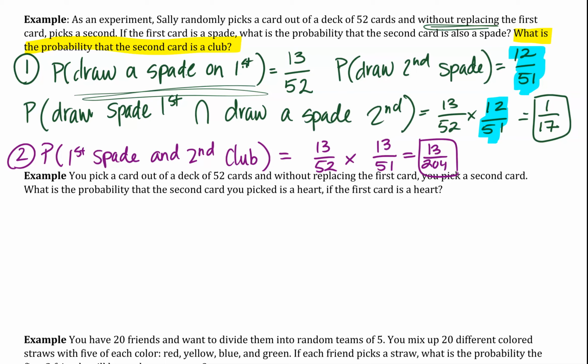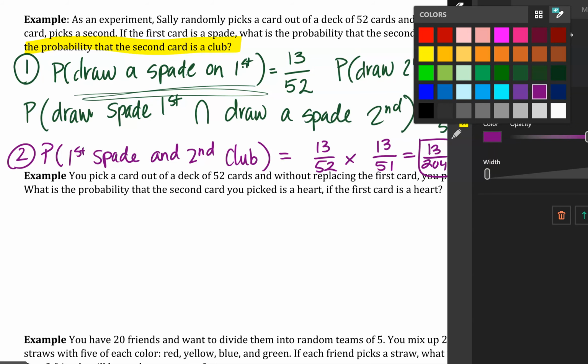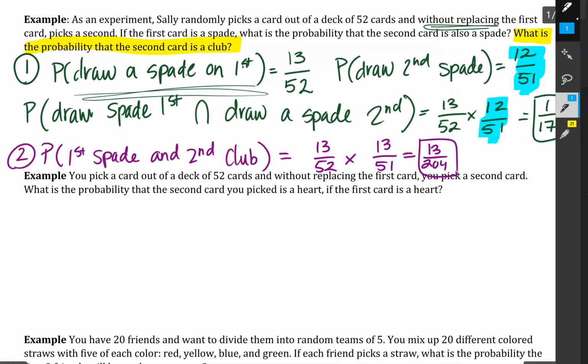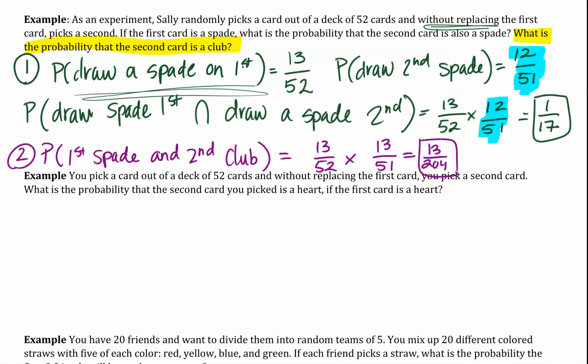Let's try the next one, still using a deck of cards and practicing this dependent events probability. So the example says, you pick a card out of a deck of 52 cards, and without replacing the first card, so we're in the same situation still, we pick a second card. What's the probability that the second card you picked is a heart if the first card you picked is a heart?